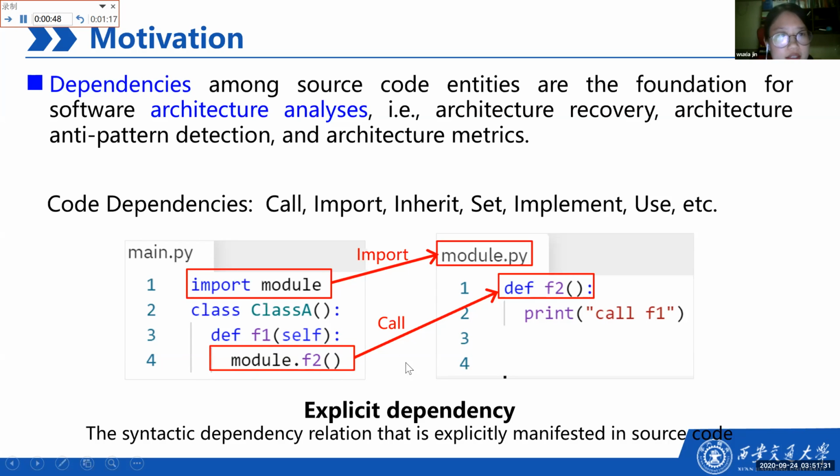In these dependencies, because we can definitely determine which module and which f2 will be depended on by the main file, we call such dependencies explicit dependency. The definition is the syntactic dependency relation that's explicitly manifested in source code.